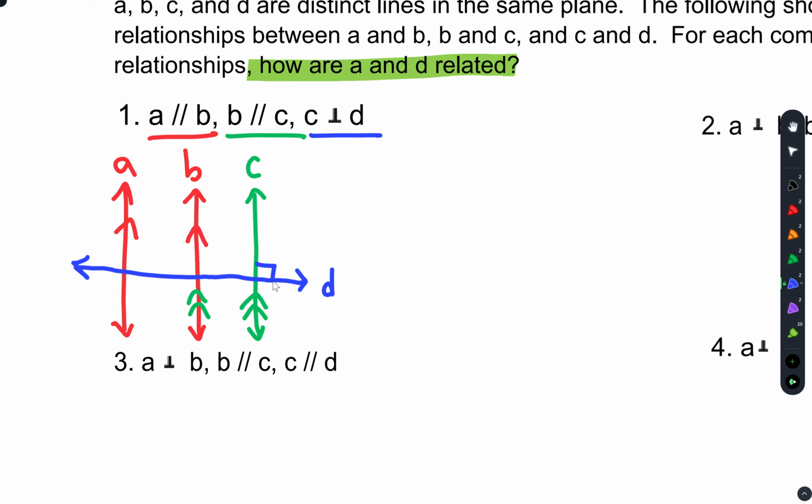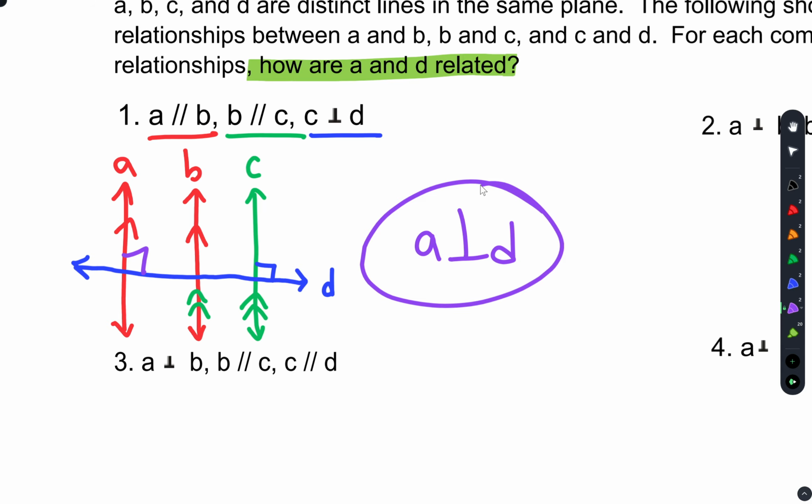Then my question is asking, well, what's the relationship between A and D? And if we drew it nicely, we should be able to visually see what the relationship between A and D is. Do we see how they intersect like this? So they must be perpendicular. And that's my answer. I don't even have to go and justify it unless it asks me to, which it doesn't.